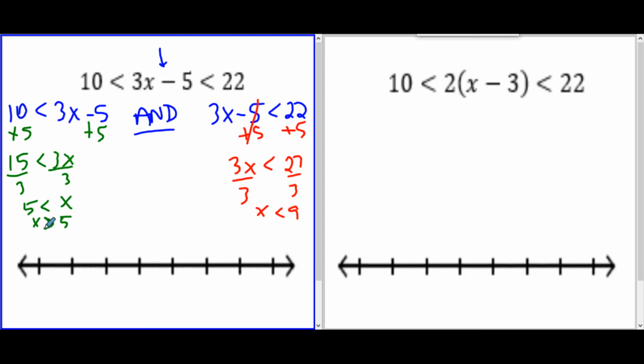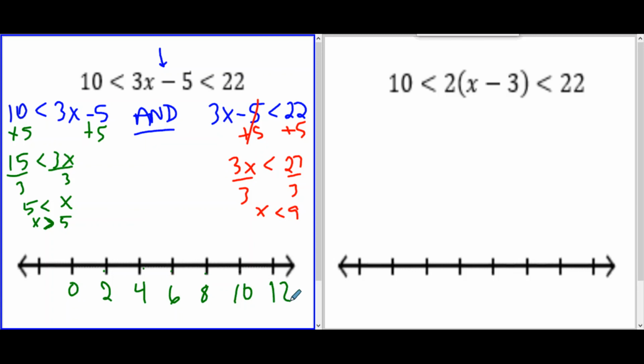So we're going to graph the green piece. So x is bigger than 5. Let me use a different scale. So I'm going to count by 2s: 2, 4, 6, 8, 10, 12.